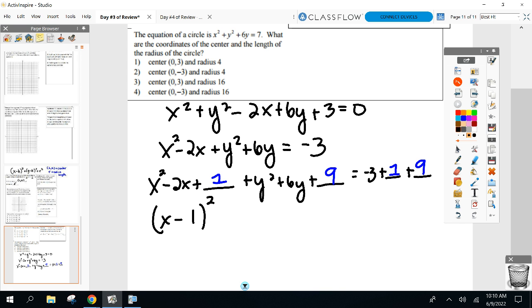It's got to be the same numbers. Plus, what about over here? 2 numbers that multiply to 9 and add to 6. 3 and 3. Yep. And then over here, negative 3 plus 10. 7.